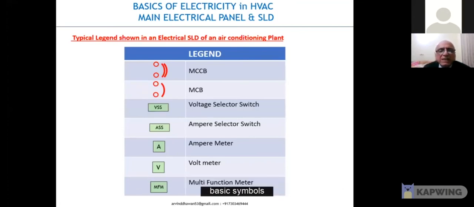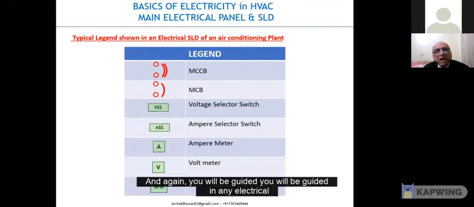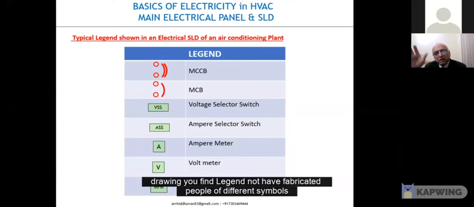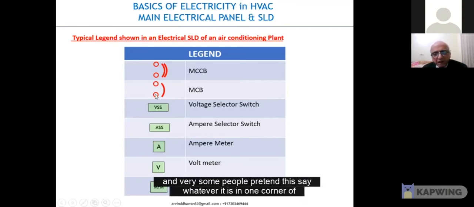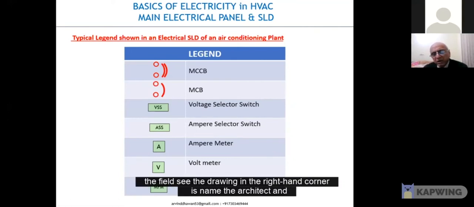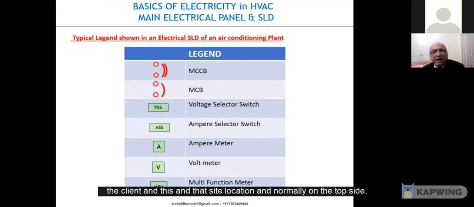Here we tell you the basic symbols. And again, you will be guided. In any electrical drawing, you will find a legend. This is not what I have fabricated. People may have different symbols. It can vary. Some people put it this way. Whatever it is, if you've seen the drawing, at the right-hand corner is the name of the architect and the client and the site location.